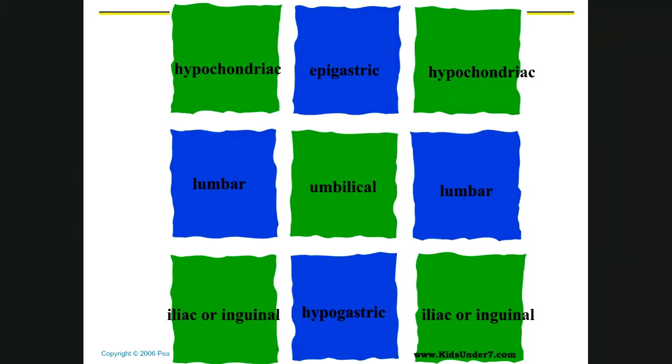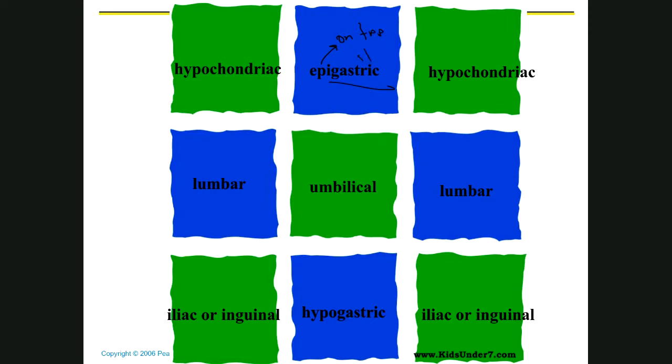Then we name each square. Right there is where the umbilicus is, so we call that the umbilical region. The other regions are also named for what's there. Remember, epi means on top of, and gastric means stomach, so epigastric is on top of the stomach.